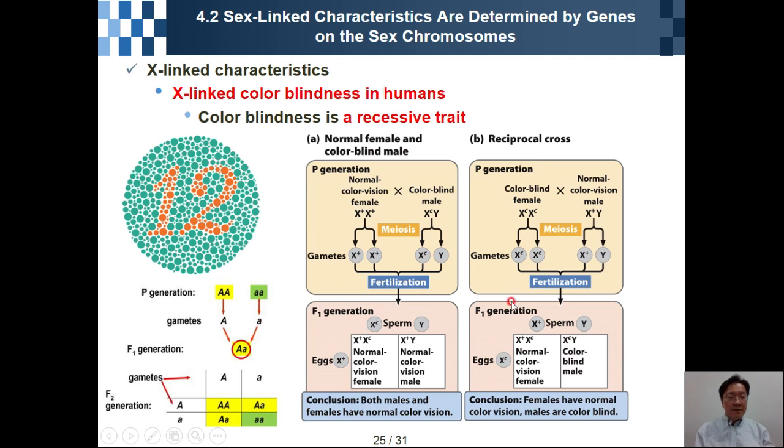Based on this result, we can say that the gene which encodes color blindness is not located in the autosome, so it is located in the X chromosome.